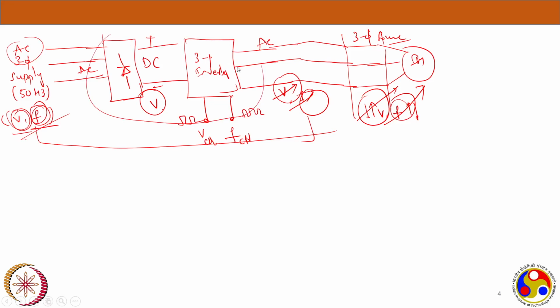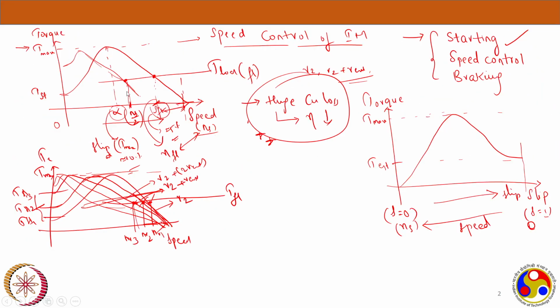So now I don't have any problem in achieving the speed control, because with this variable voltage and variable frequency, at any voltage, at any frequency, I can operate and get any different speed. Because of the torque speed curve, if you observe in the previous slide, see the bottom curve, at different torques the speeds are different and it is able to supply this particular low torque.